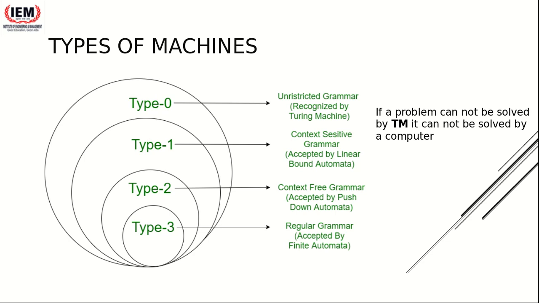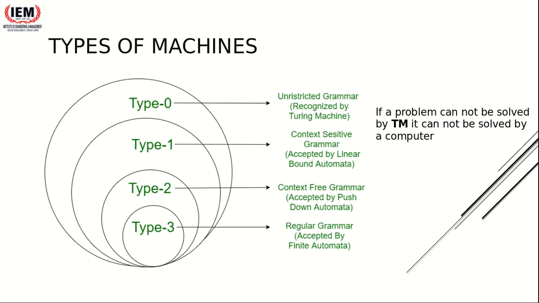Similarly, here I am the Turing machine because I can accept the maximum number of languages. I can understand the maximum number of languages. I can accept the maximum number of strings of that language. So I am the most powerful, the Turing machine. Next is linear bounded automata, which can accept a lesser number of strings of a language. Next, push-down automata, which is lesser than LBA or linear bounded automata. And next is finite automata, which is the weakest of all and can accept the least number of strings of a language.